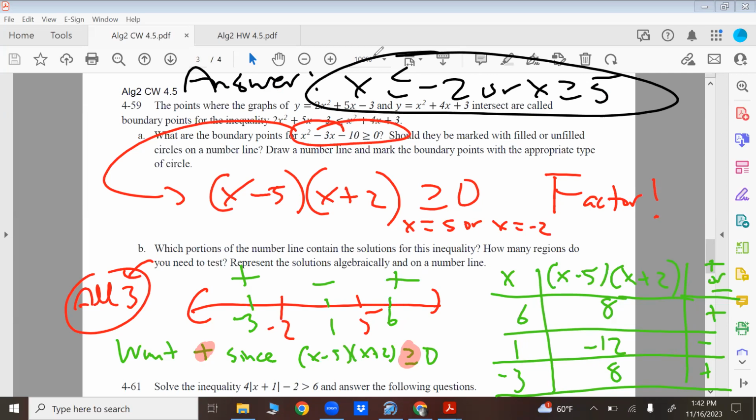Now, if it was less than, then you give the in-between region, because then you want negative. One thing to keep in mind too, this might be a little too much to talk about now, but the signs alternate, right? That will not always be true. For now, that is true. There's a reason why these signs alternate, and that's because these are linear expressions.